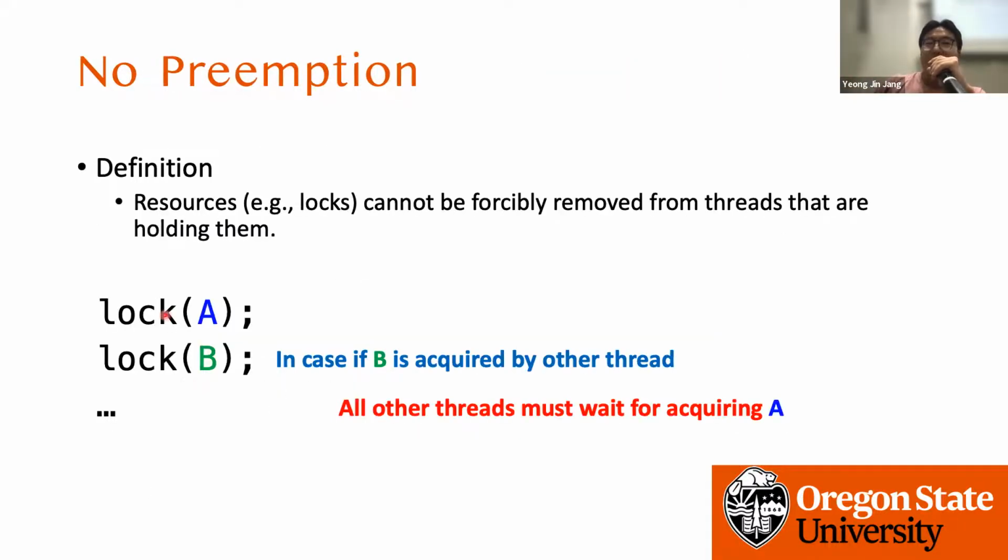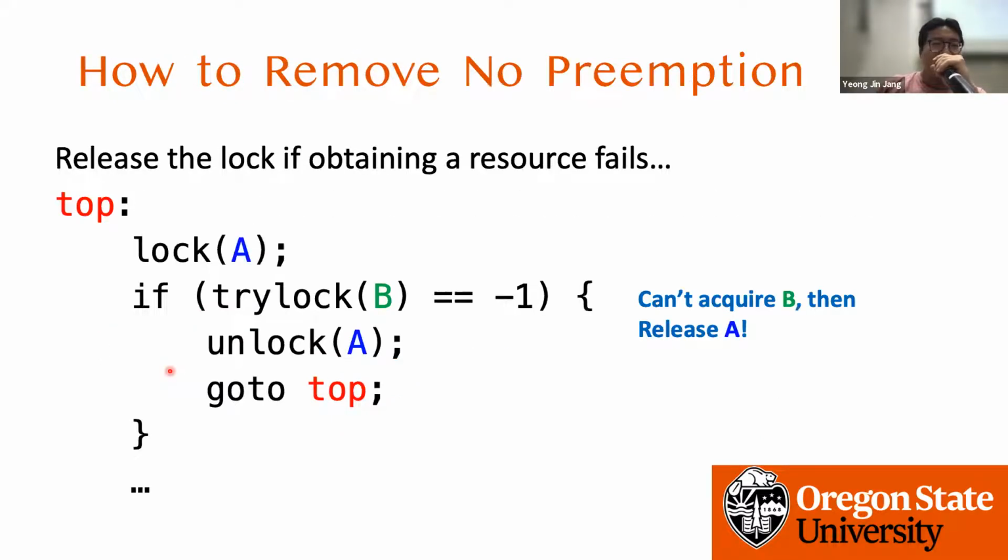So rather than holding lock A and waiting for lock B, you acquire lock A, and if you fail to acquire lock B, you release it and go back. That will remove the deadlock condition of having a circular wait.